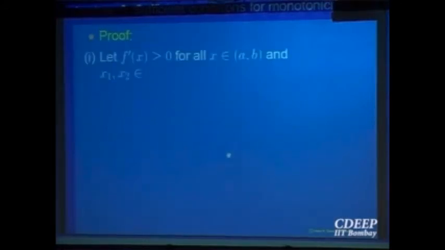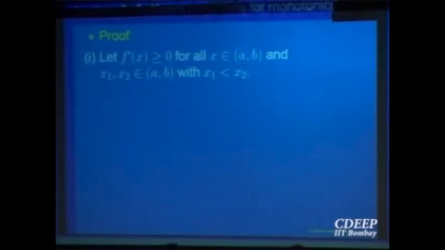So first of all, we are given that the derivative is bigger than or equal to 0 at all points. We are given some property about the derivative and we want to deduce a property about the function, and something that relates the values of the function with the derivative is Lagrange's mean value theorem, right?